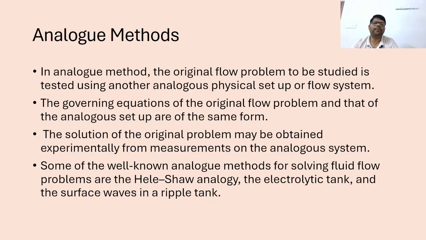Here I have a flow problem. I want to investigate the flow problem to understand the flow behavior. In the analog method, we select another flow system or another flow condition which is similar to the original flow problem or flow condition.